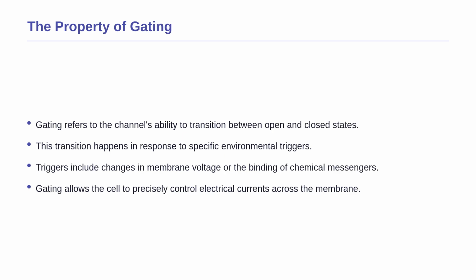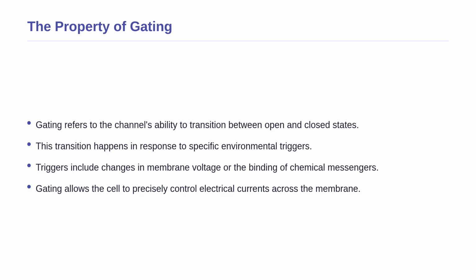Beyond just being selective, these channels must also know exactly when to open and close, which brings us to the concept of gating. Gating is the channel's ability to transition between an open state and a closed state. This does not happen randomly. The channels respond to specific triggers in their environment.